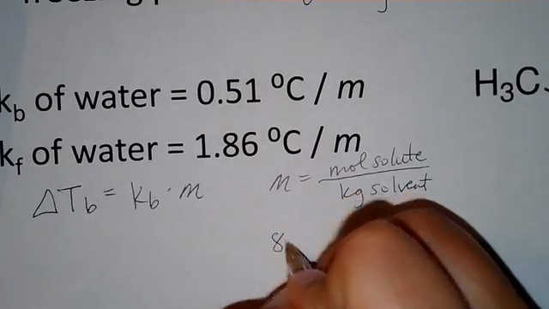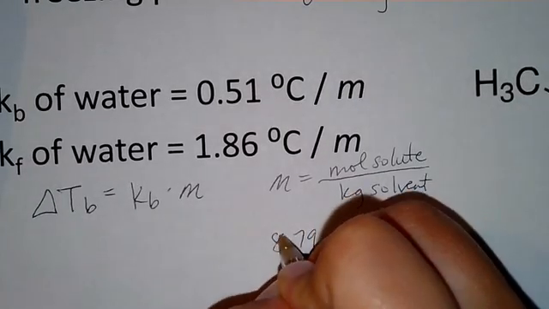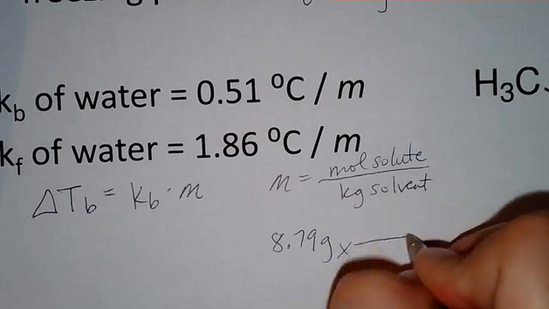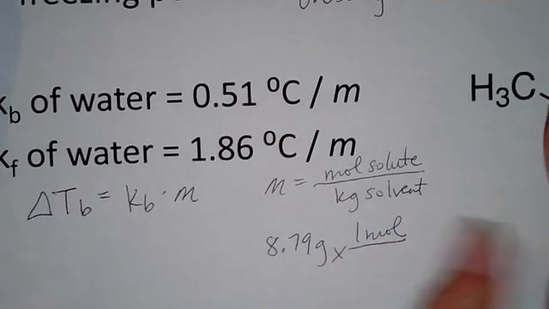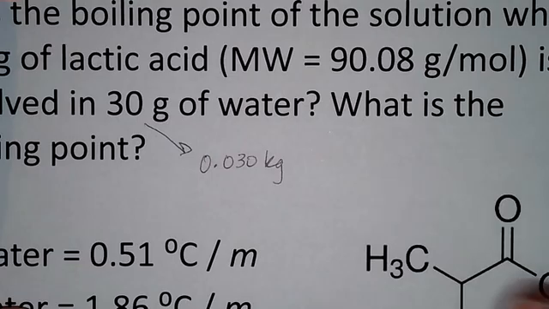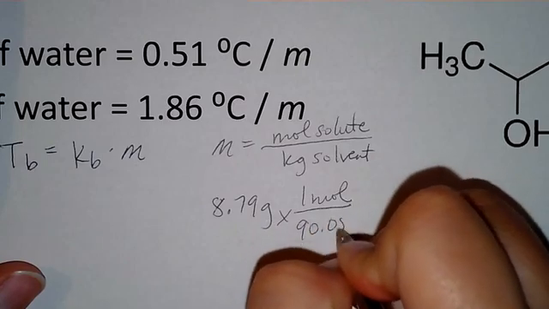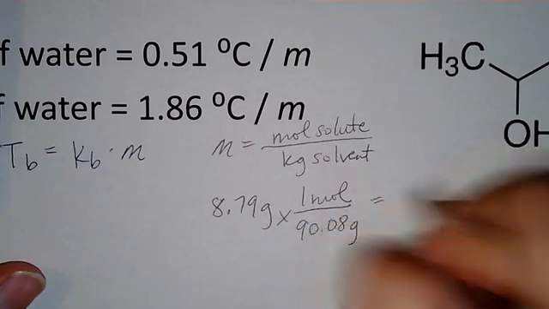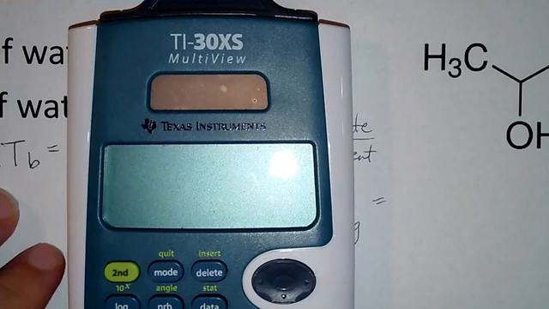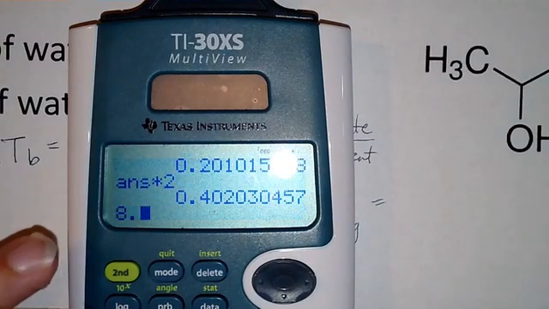If I want moles, I'm going to divide by molar mass, and that's given for us for lactic acid, 90.08 grams per mole. Alright, 8.79 divided by 90.08.